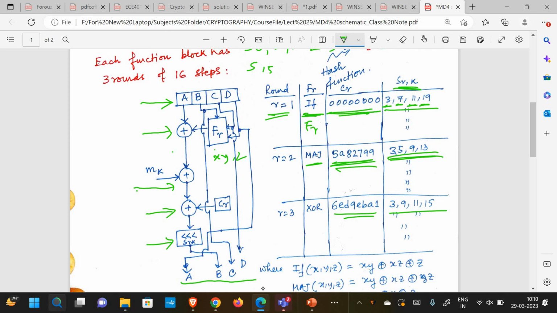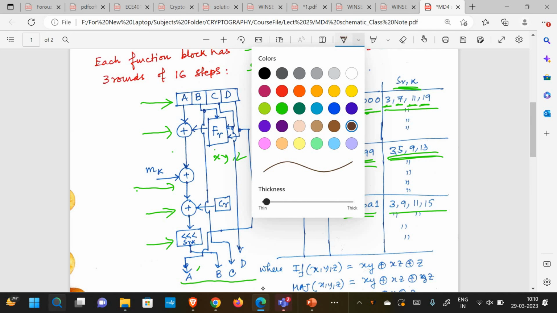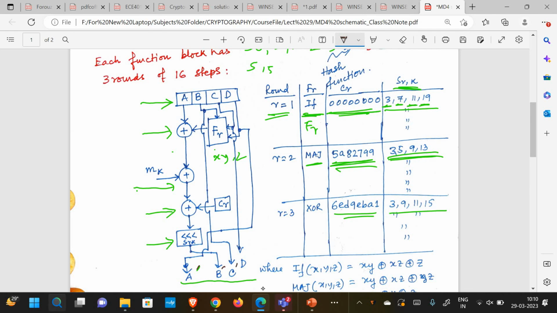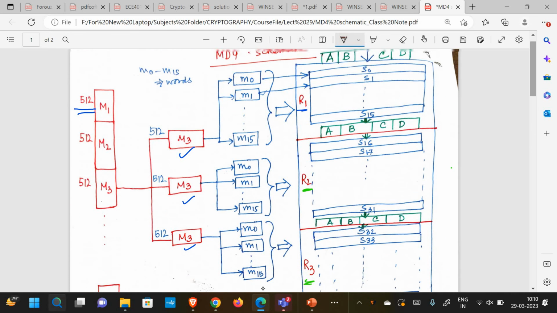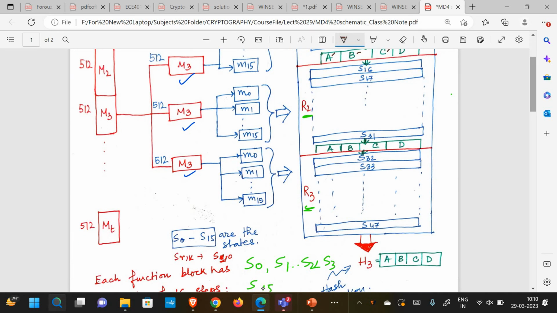So this ABCD generated over here, A prime, B prime, C prime, D prime, will be the input to the next round. Which will it be? This one.